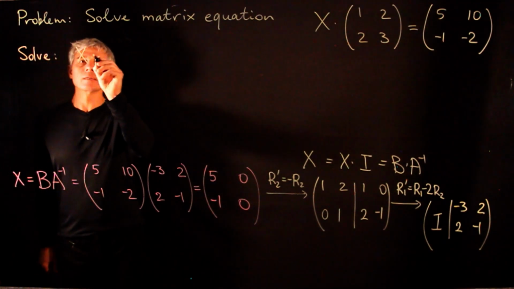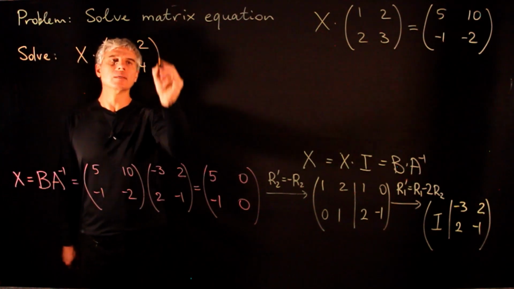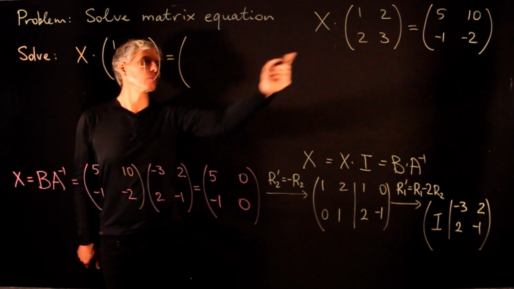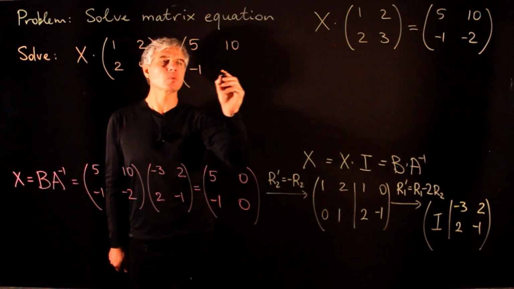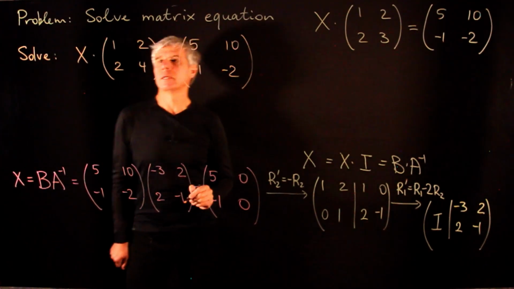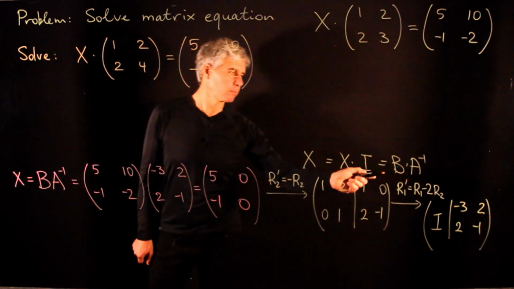So X times the matrix 1, 2, 2, 4 is equal to, well, I'll take the same matrix on the right hand side: 5, 10, minus 1, minus 2. Now, can we use the same solution here?